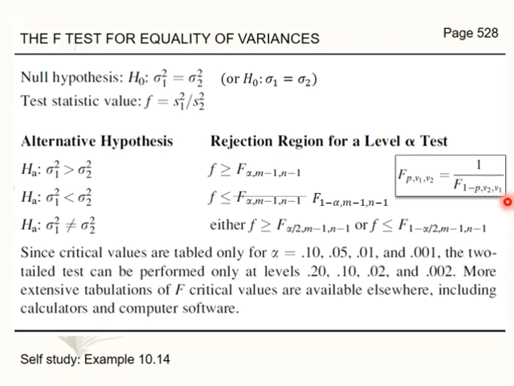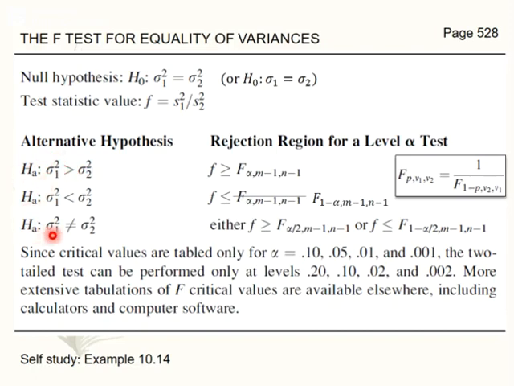So the trick is to always make sure that you allocate your population 1 and population 2 such that the bigger variance is here and the smaller one is here. So ultimately, even when you do the examples in the book, or in most books actually, you'll find they only do upper tail tests. They're just clever about allocating these population 1 and population 2 so that it's always an upper tailed test.